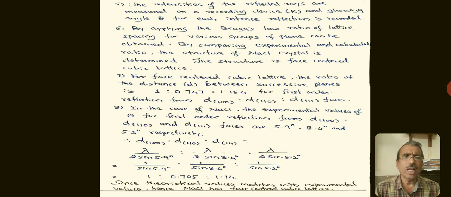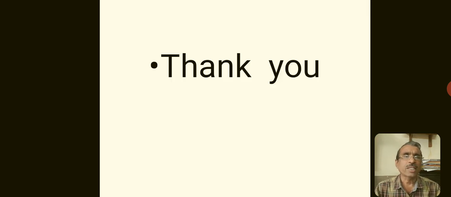Since the theoretical values match the experimental values, sodium chloride has a face-centered cubic lattice. This is how the crystal structure is determined based on X-ray diffraction studies. Students, go through the X-ray diffraction studies and the determination of crystal structure. Thank you.